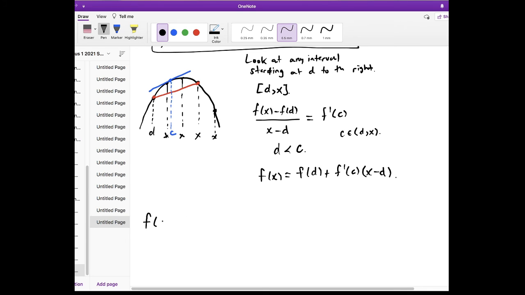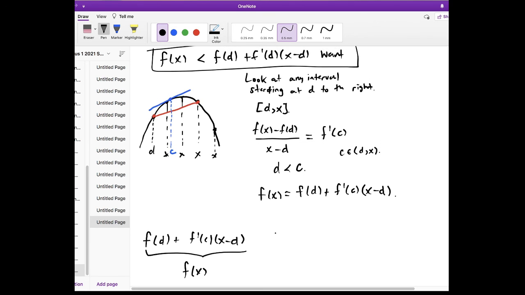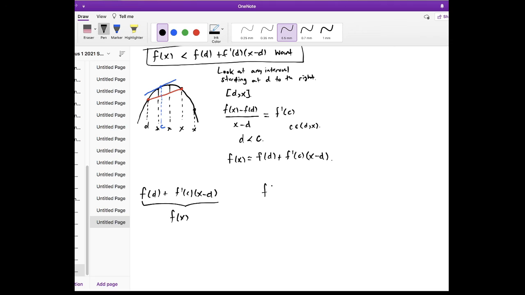We have f of d plus f prime of c times (x minus d), which is equal to f of x. And then what was our L of x? It was f of d plus f prime of d times (x minus d). This was our L of x.